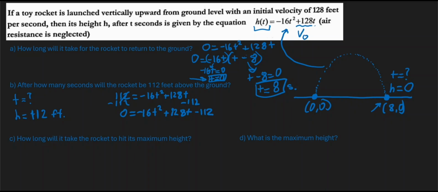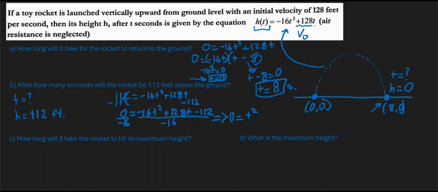In this case, I believe we can divide everything by negative 16. So let's do that. If we divide everything by negative 16 on both of our sides, then 0 divided by any number would be a 0. And I'll put that here. 0 is equivalent to negative 16t squared divided by negative 16, which would be a positive 1t squared.